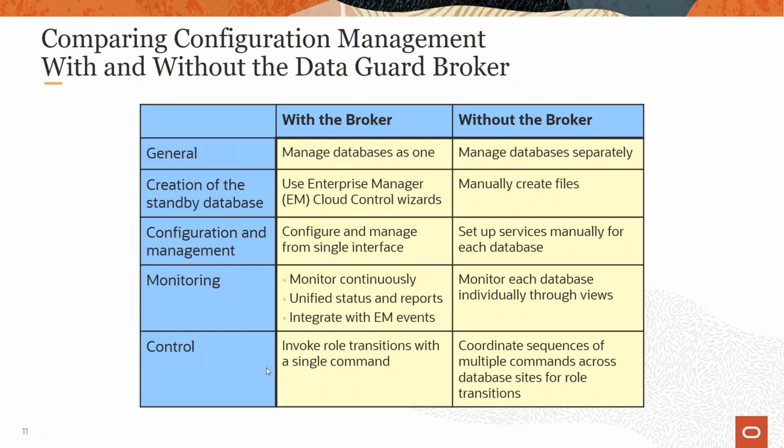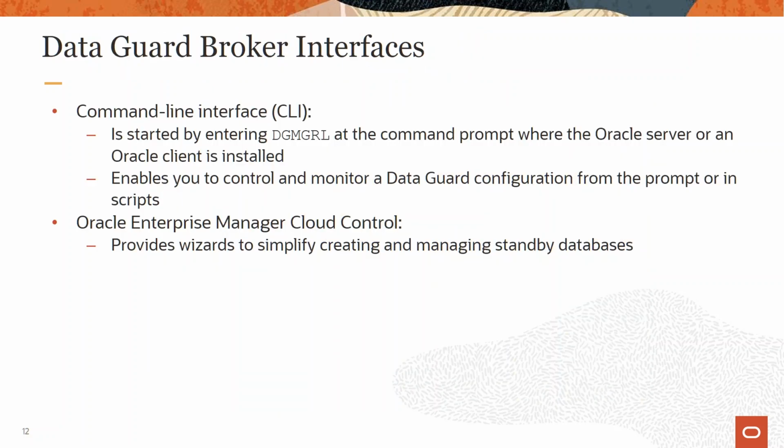We're going to see this. In order to switch over, to fail over, or to convert, you would have to run multiple commands in a specific order, in the specific location of a database. That's too much work. So, in general, using Data Guard broker is a lot better way to manage the Data Guard configuration.